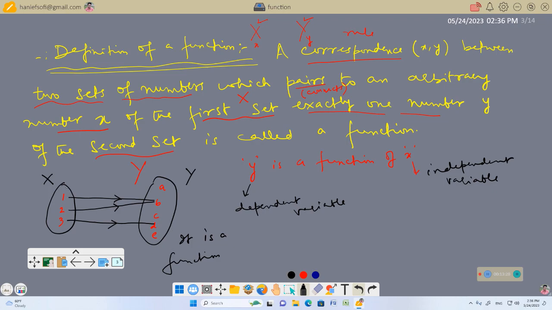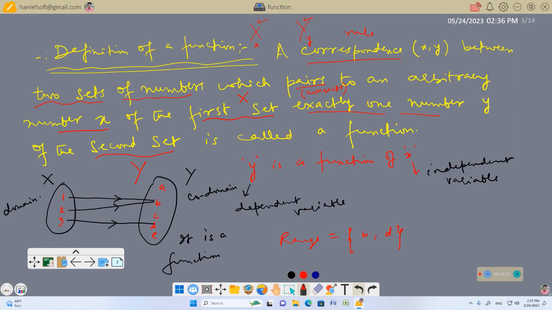then we define domain, codomain, and range, right? Here set X is domain, set Y is codomain. But when we define range, range of this function is that set which contains images only, B and D. This is range.